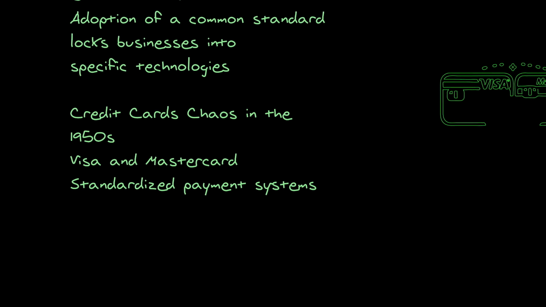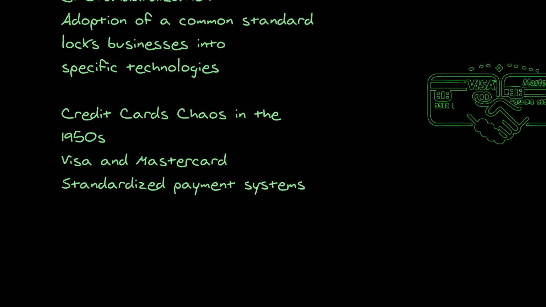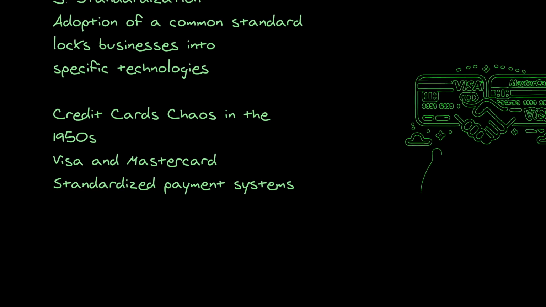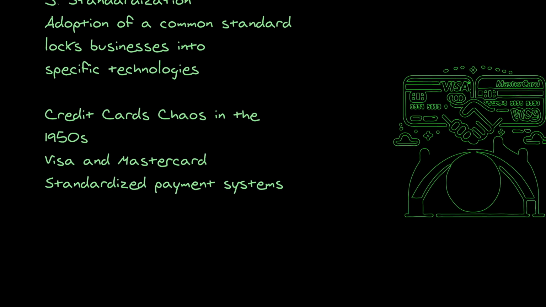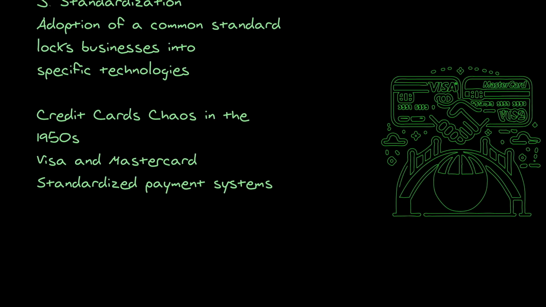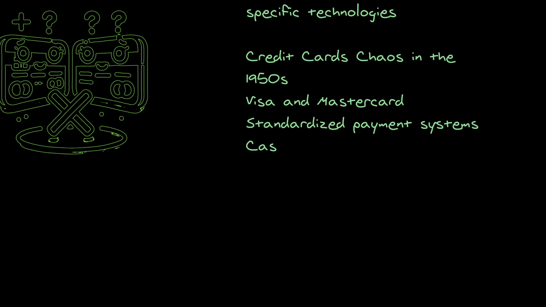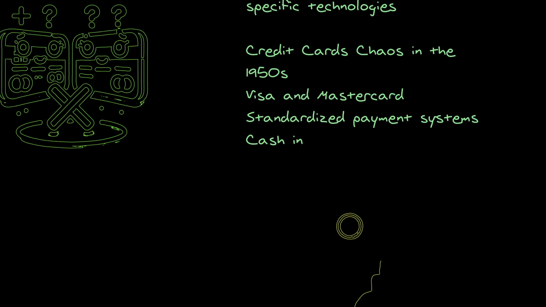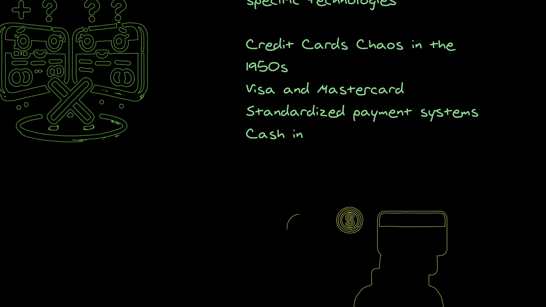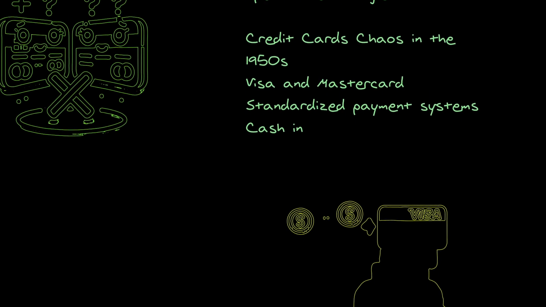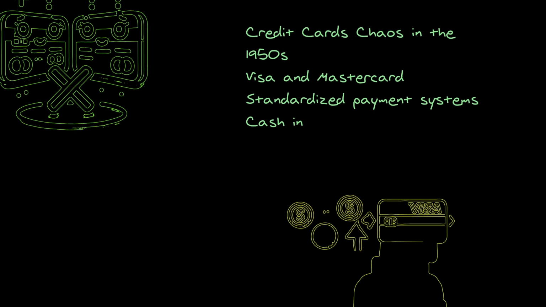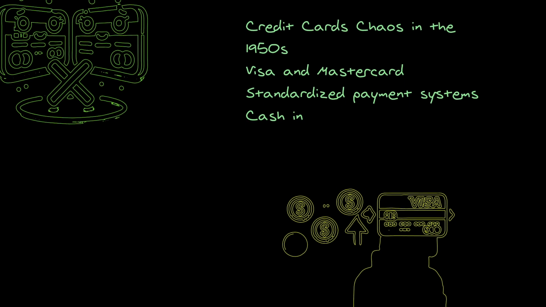They created universal systems that allowed customers to use their cards anywhere. Same cards, same terminals, same process. It wasn't just easier, it was game-changing. By standardizing payment systems, Visa and MasterCard didn't just solve a problem, they built an empire. Now, every bank, merchant and customer had a single, reliable system they could count on.